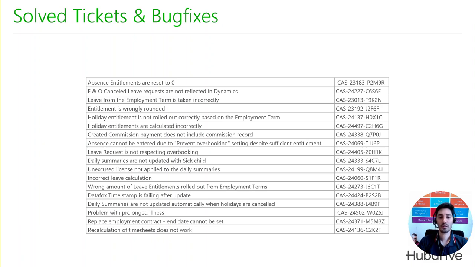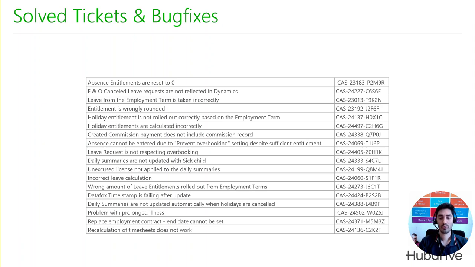The absence cannot be entered due to the prevent overbooking setting despite sufficient entitlements. We have this overbooking in the absence type settings, and this was causing an issue even though the employee had sufficient entitlements.